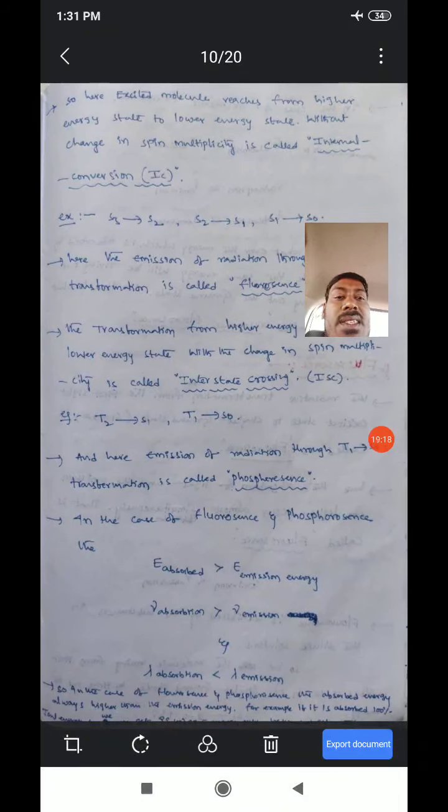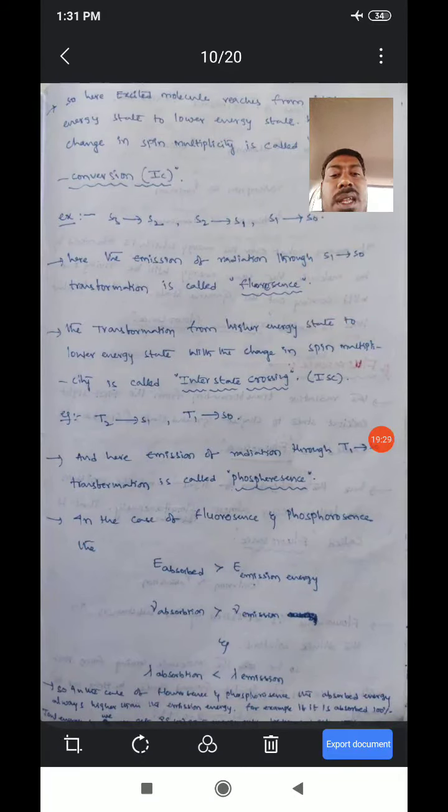That is called interconversion or internal conversion, indicated by IC. Examples are S3 to S2, S2 to S1, or S1 to S0.